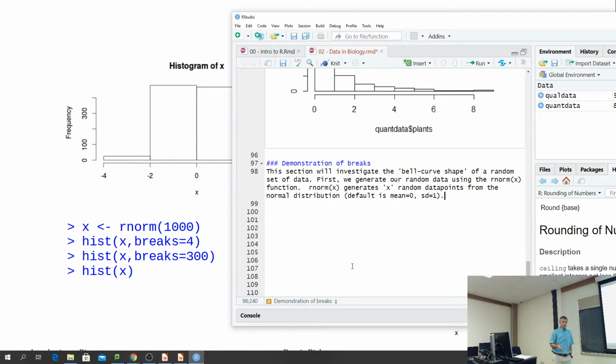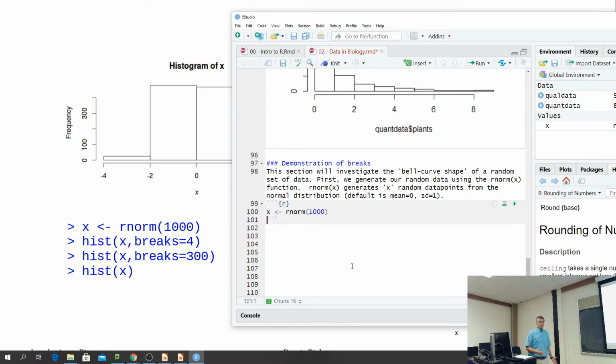We have an infinite number of curves, and the reason is that this curve itself is defined by the location, which is a mean, and by its dispersion, which is a standard deviation. So what we're going to do is just generate 1,000 random data points from the normal distribution, and it's going to have a mean of 0, standard deviation of 1. So we are going to run that, and we're going to save it as x. Oops. rnorm(1000). I run it, and now x appears.